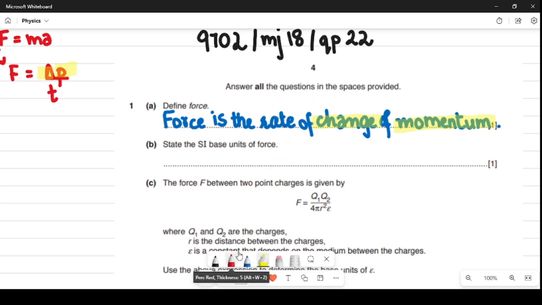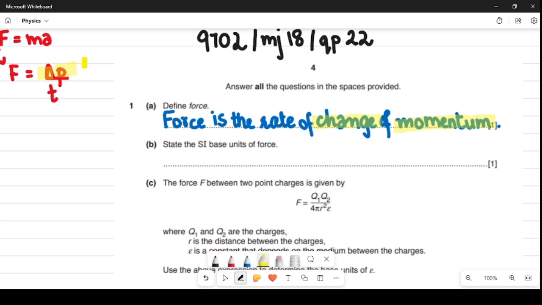Basically, whenever you want to emphasize the fact that a quantity is per unit time, you can use the word rate. So consider rate as the alternate word for per unit time. For example, if I give you the example of velocity, why do we say that velocity is the rate of change of displacement? We could have said that it is the change in displacement per unit time according to the formula, because something over t means it's per unit t, right?